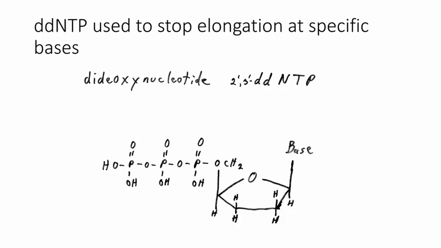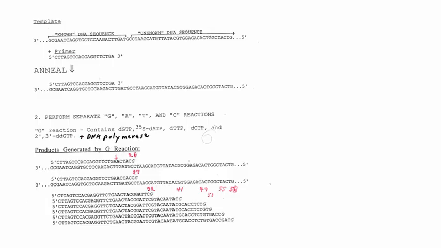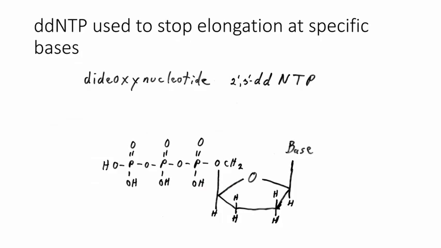In other words, there's no oxygen for an incoming phosphorus to add on to. So when a dideoxynucleotide is incorporated into a growing DNA chain, nothing more may be added to that chain.